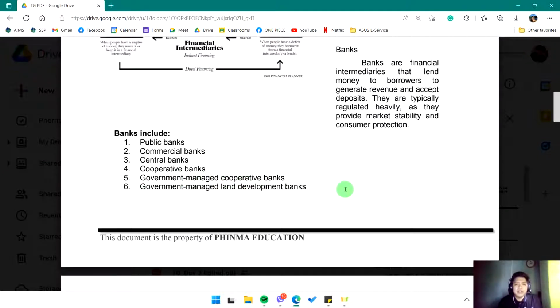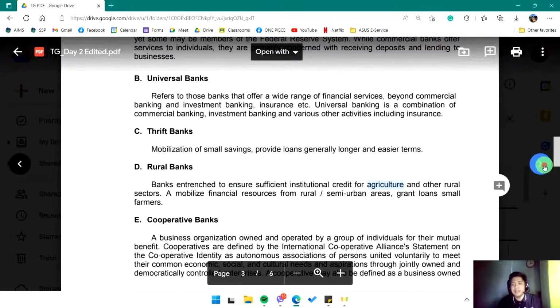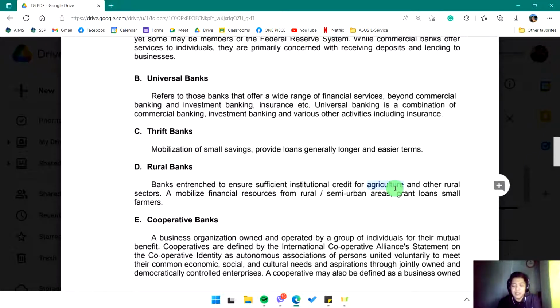Government managed cooperative bank siya. So it's a government managed or special government managed bank yung Land Bank. Pero same with rural banks, ang primary objective po talaga ng Land Bank sa atin is to provide assistance to our farmers or to our agriculture sector dito sa Pilipinas natin.